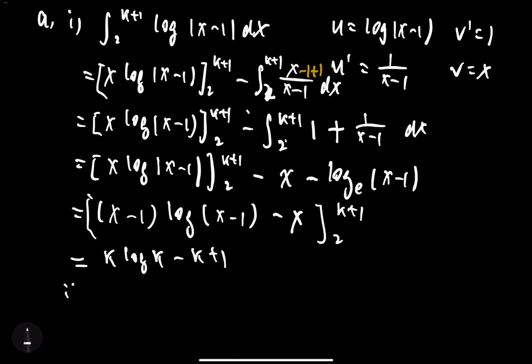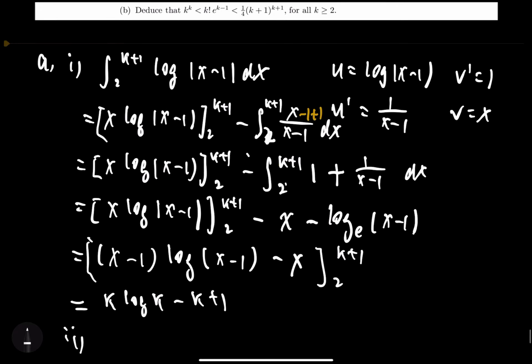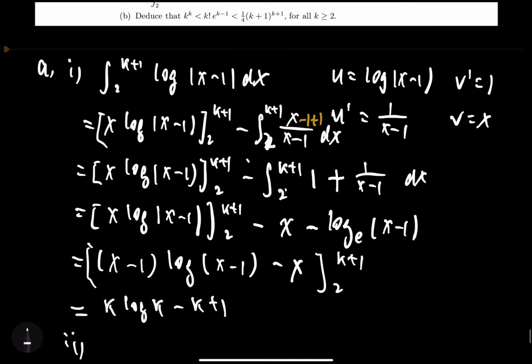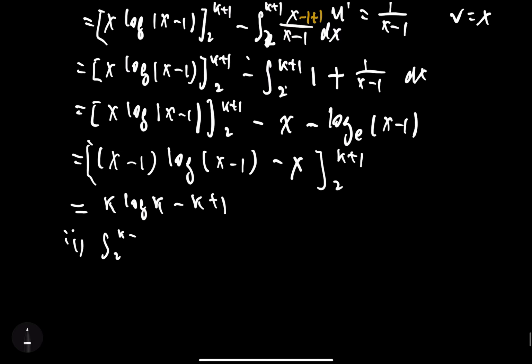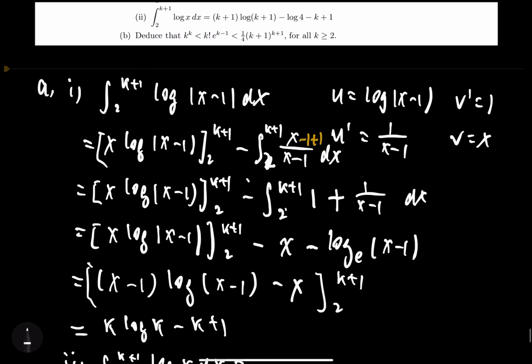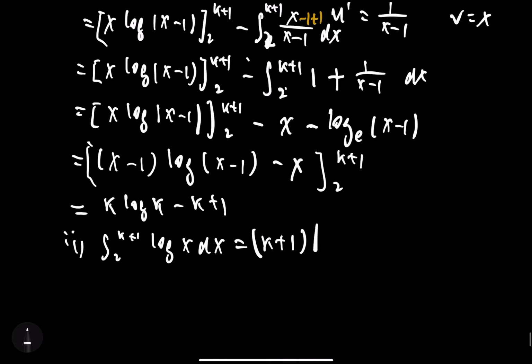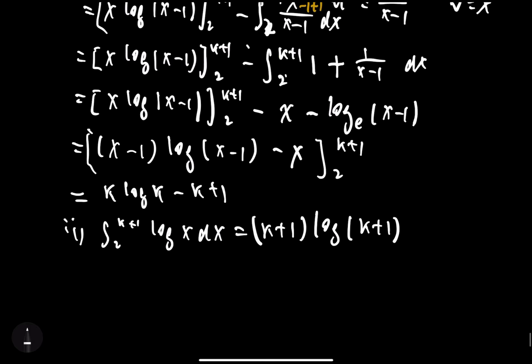Very similarly, with integration by parts, we can also prove the second integration. So let's just say the second integration we proved: the integral from 2 to k plus 1 of log x equals k plus 1 log(k plus 1), and then minus log 4 minus k plus 1.